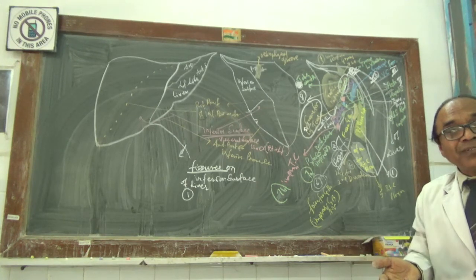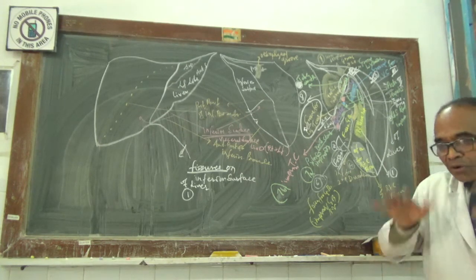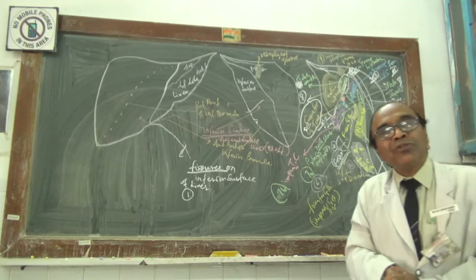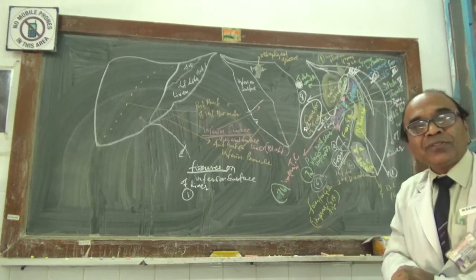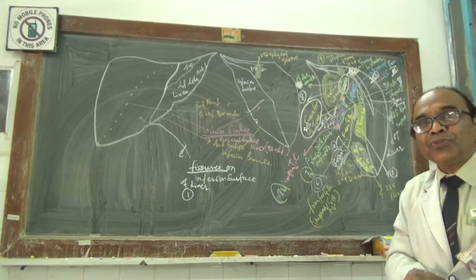When the weight is more, if it falls, all the other abdominal organs will become crushed. So the liver is held in position by means of the what?